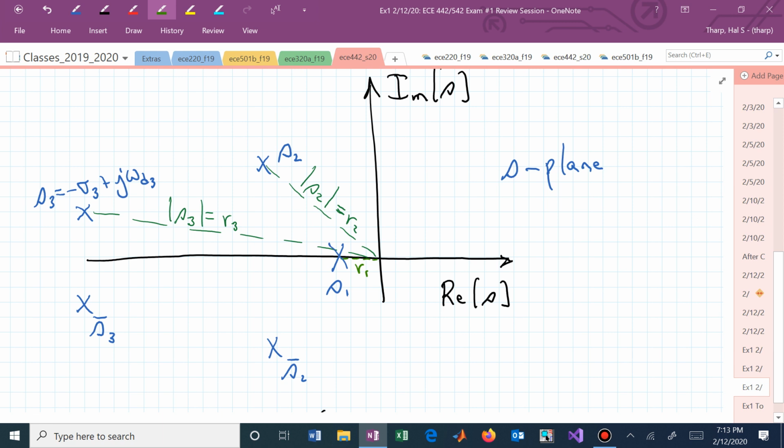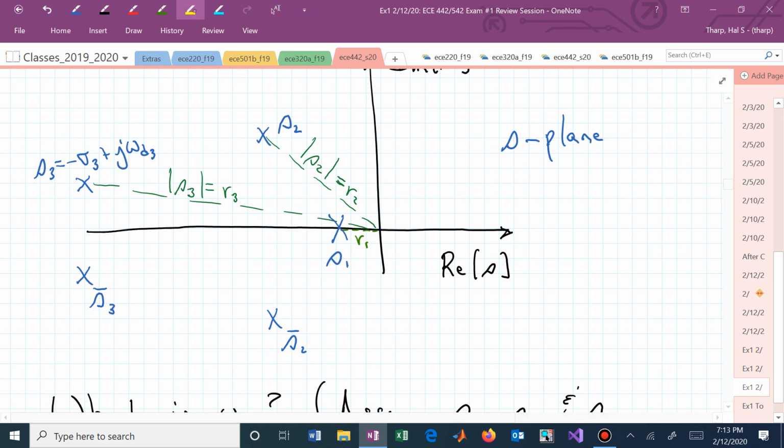Which of those poles or set of poles represent the dominant pole or poles? S1 is the dominant pole. Is everybody clear on that? This is now the dominant pole, which means, is that the slowest or the fastest pole?